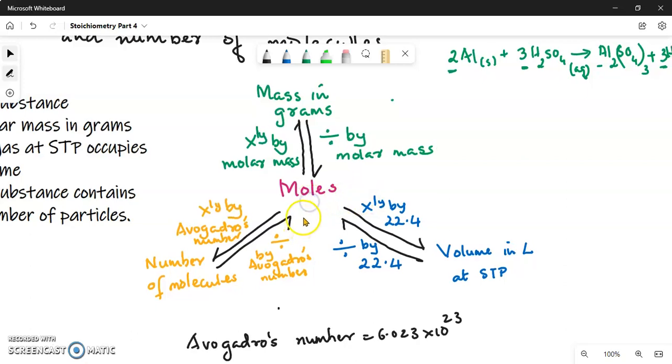And then from the moles of hydrogen, we have to multiply by 22.4 in order to get the volume in liter at STP of hydrogen gas. So this is the way to proceed. For this, we need to know the atomic mass of aluminum and also 22.4. That's all.